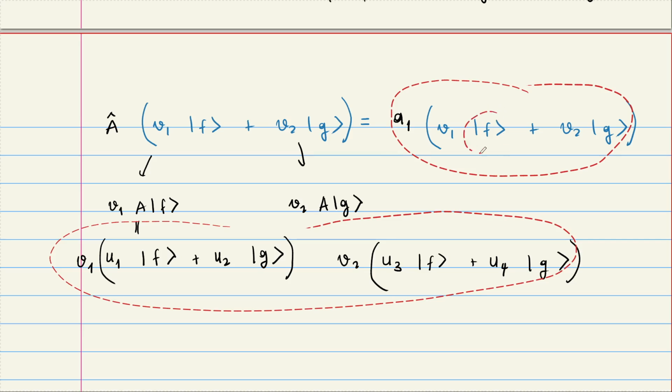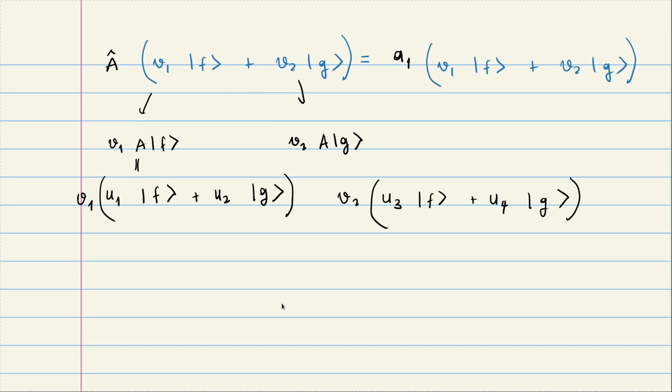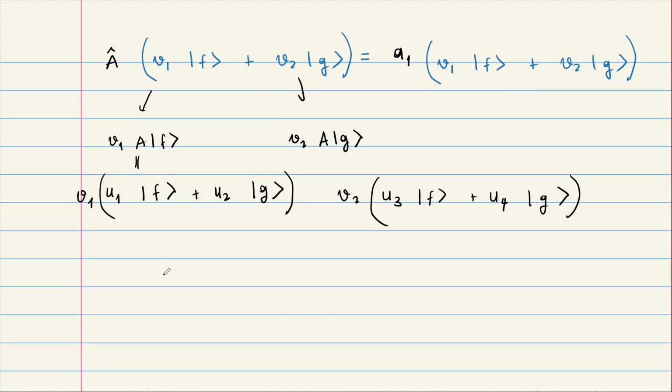You can see there is an F component here, an F component here, a G component here, a G component here. At the end, what multiplies ket F and what multiplies ket G should be identified. They should be equal. So let's write this and see what this equation means.